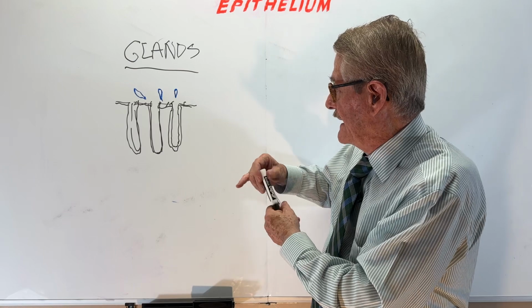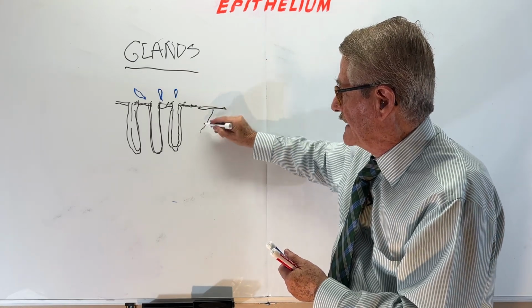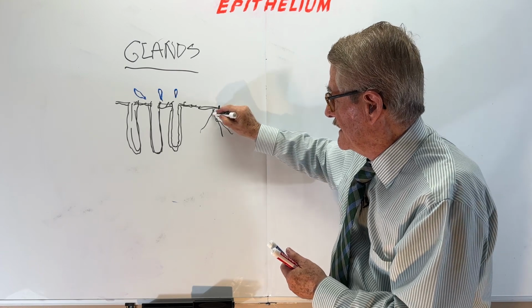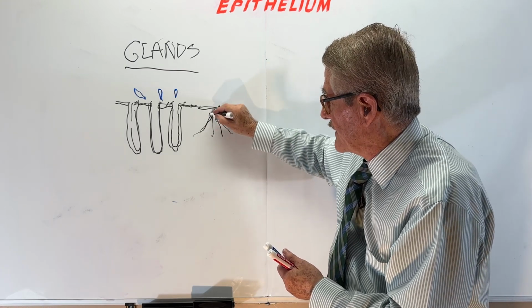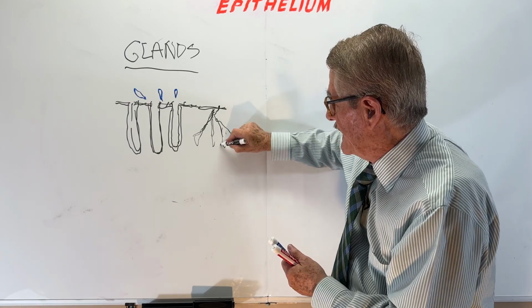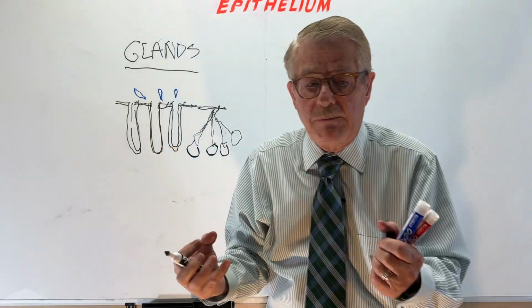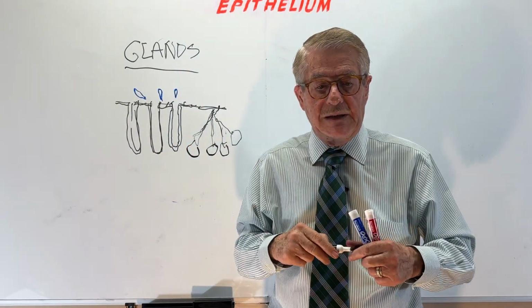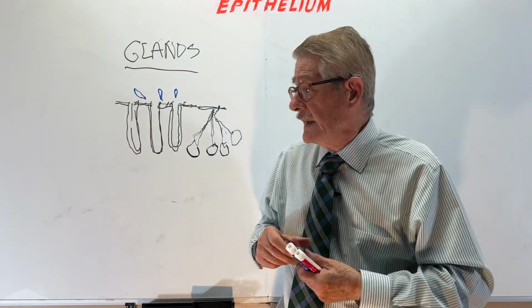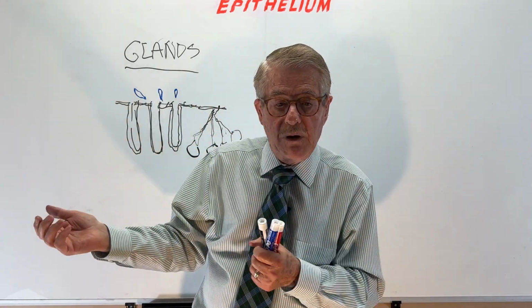Now these glands can do different things. They can branch, right? They can actually branch, and they can have the distal portions become, in other words, they can be tubular or acinar or simple or compound.